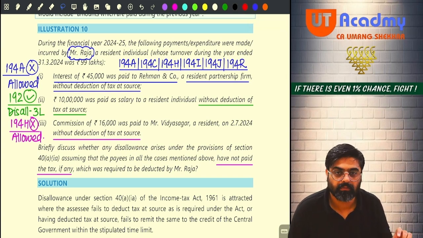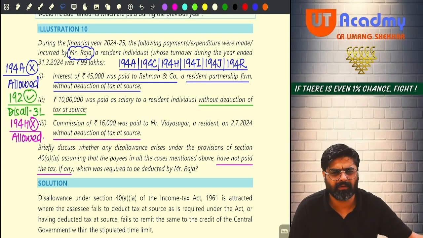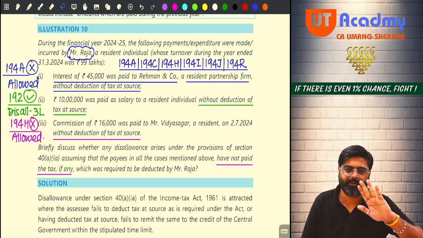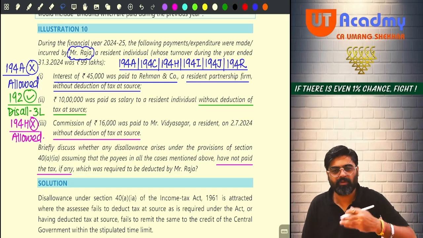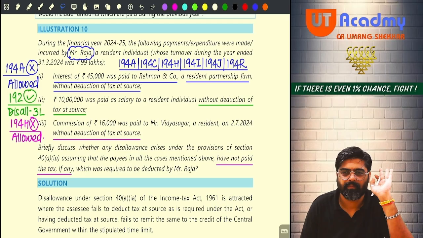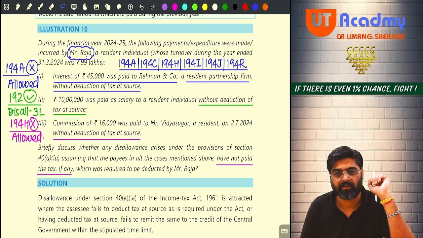You start. Did you try this question at home? You tried it. Now wait. Before you start this, I will give you some basic idea, basic detail of TDS provisions, which will be helpful to solve this question.